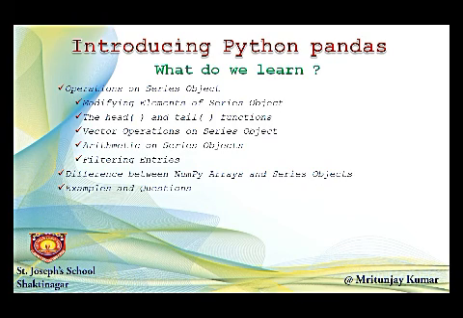In continuation with the same, today we will learn operations on series objects: modifying elements of a series object, the head and tail functions, vector operations on series objects, arithmetic on series objects, filtering entries, and lastly, the difference between NumPy arrays and a series object. Along with it, we'll see some solved questions and unsolved questions.